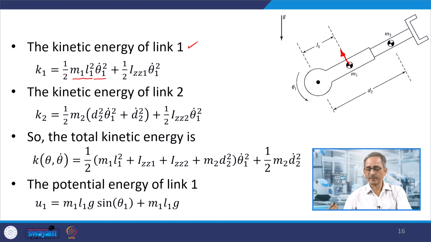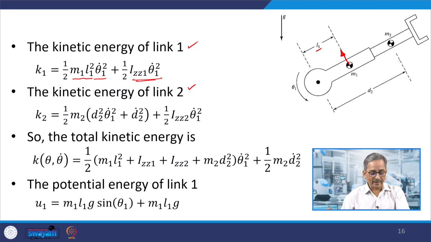This is the translatory kinetic energy, plus the rotary kinetic energy of the first link. Similarly, I can get the kinetic energy of link 2.